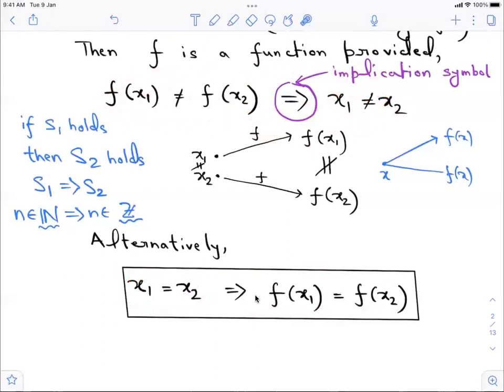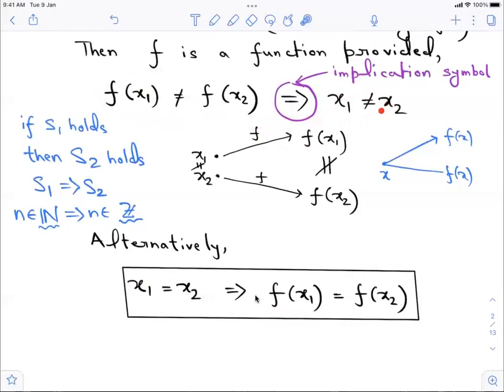Similarly, this statement will also imply this statement over here. Why is that? Suppose this statement holds; we have to prove this holds as well. So suppose f(x1) is not equal to f(x2). I have to show x1 is not equal to x2. What happens if f(x1) is not equal to f(x2) and x1 is equal to x2?